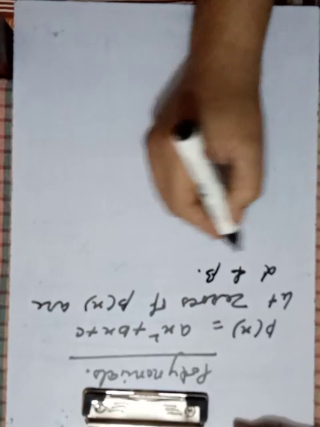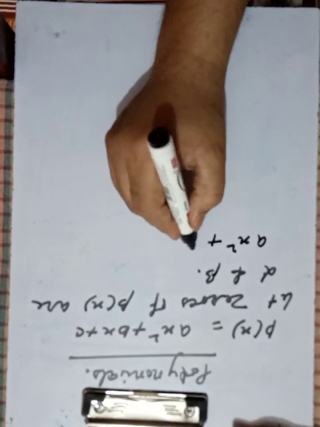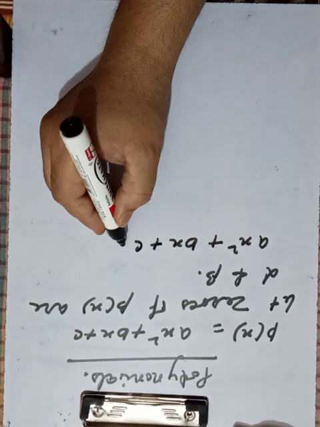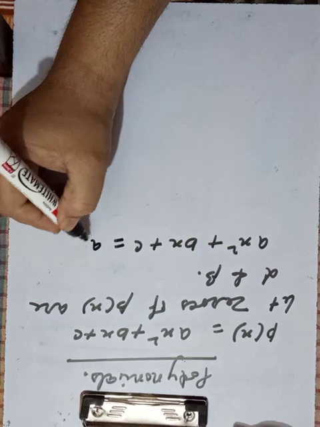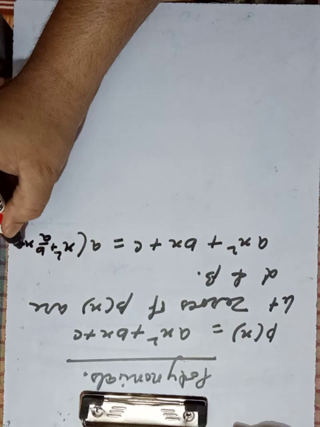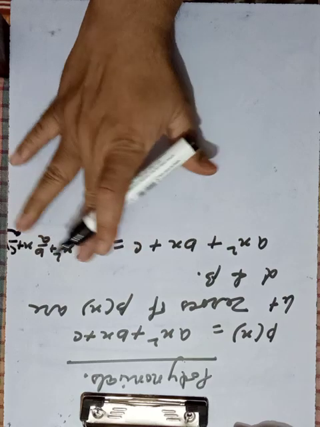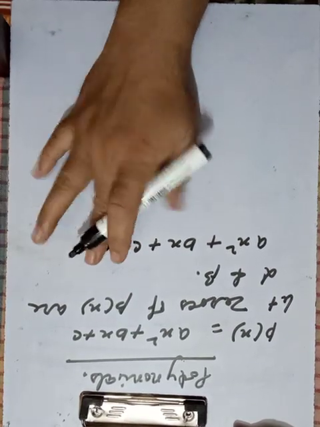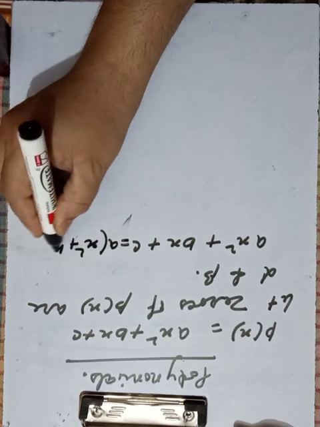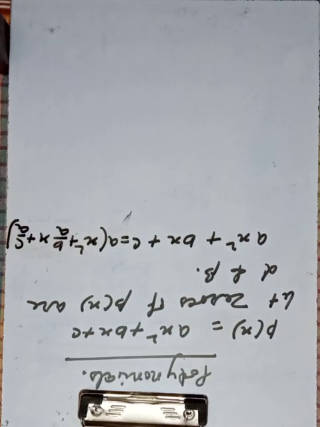So we can write ax square plus bx plus c as a common, x square plus b by a x plus c by a. So we can write it in this way.